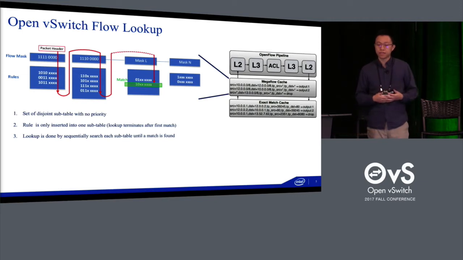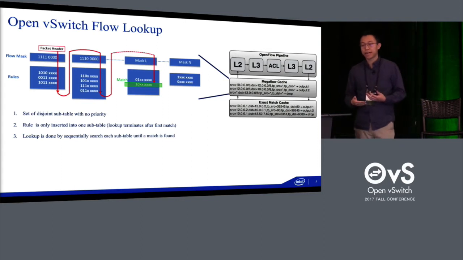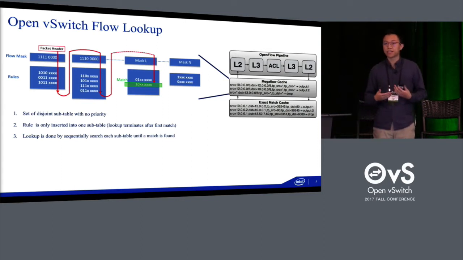The final layer, called the OpenFlow layer, is also a tuple space search algorithm, but the major difference between the OpenFlow layer and the megaflow cache is that the megaflow cache will not have overlapping rules. Once you find a match in one of the tables, you can return immediately.